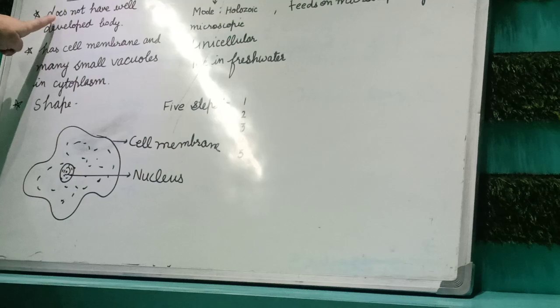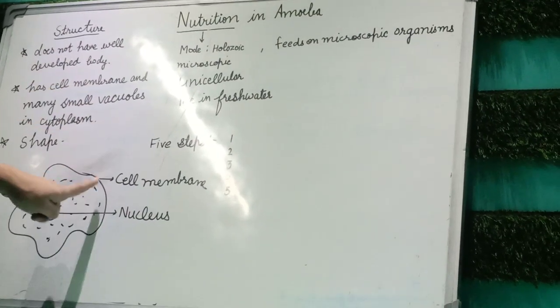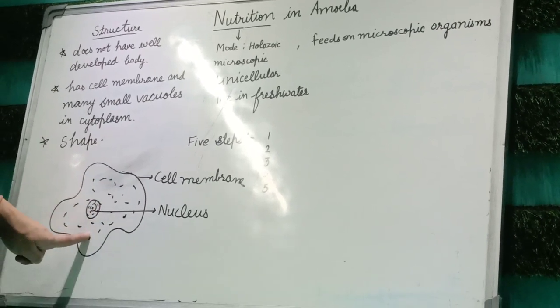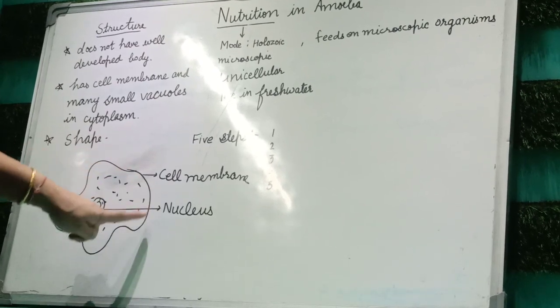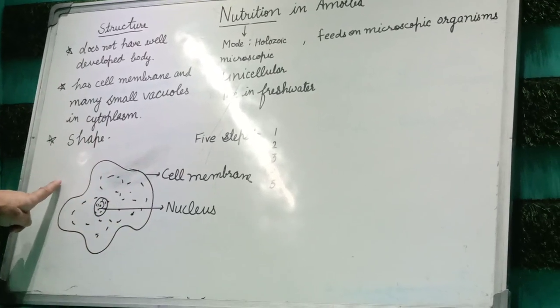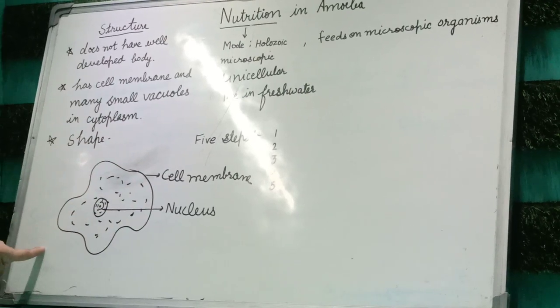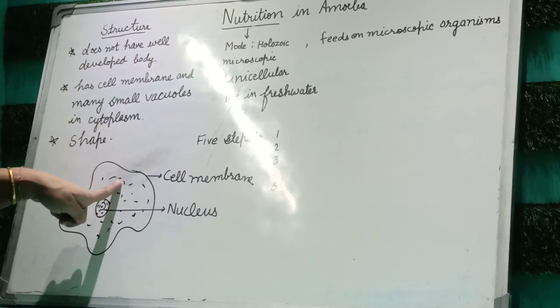Structure: it does not have a well developed body. It has a cell membrane and many small vacuoles in the cytoplasm. If we look at the shape of the amoeba, it does not have any particular shape. It has an irregular body.